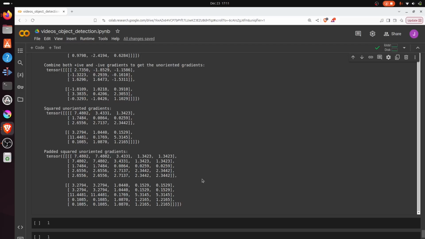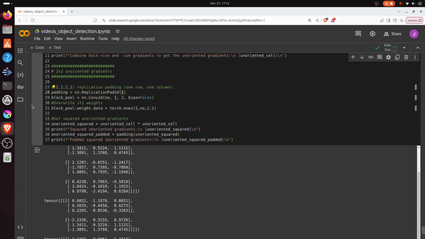So what is next for us? Well, we are going to aggregate the values that are in the squared unoriented gradients. To do that, we're going to apply the block pool layer. That's exactly what we're going to do. So let's see how it works.